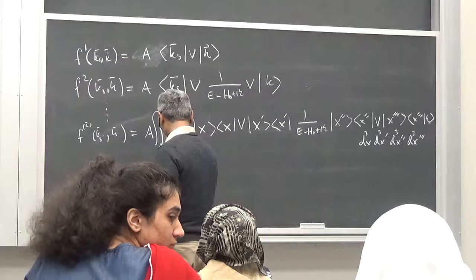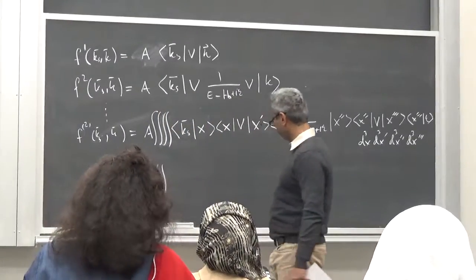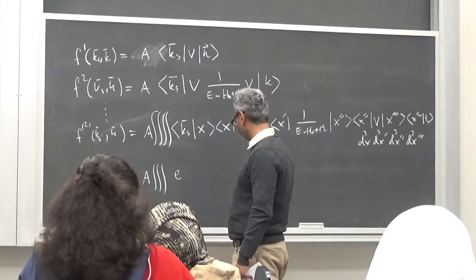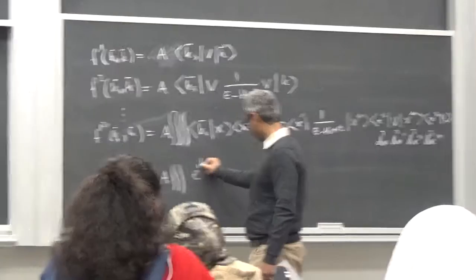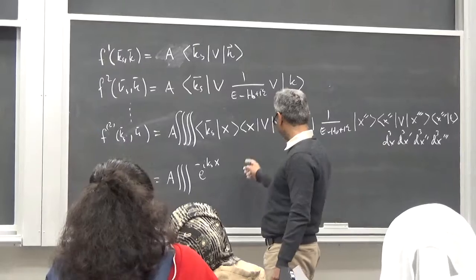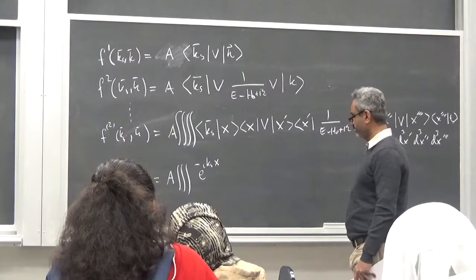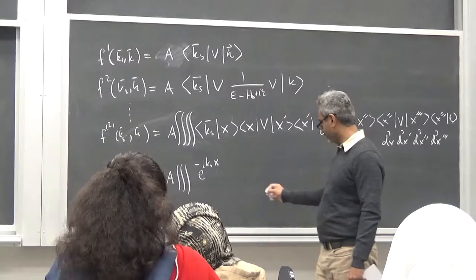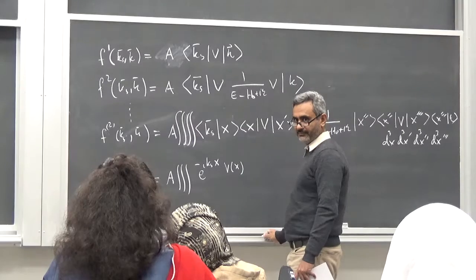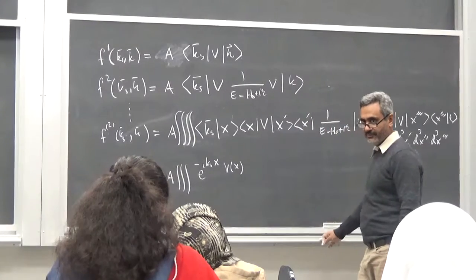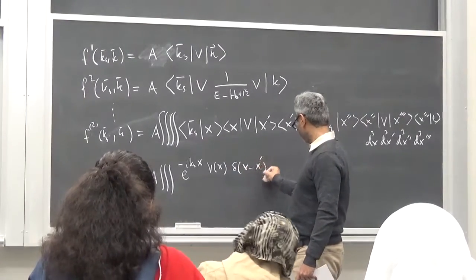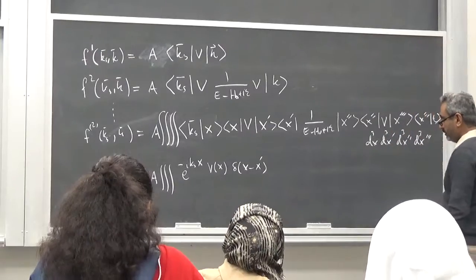Okay, let's look it up now. So it will become A. इसको कैसे खोलेंगे? ठीक है. माइनस और ये क्या है? बस it's a localized potential.